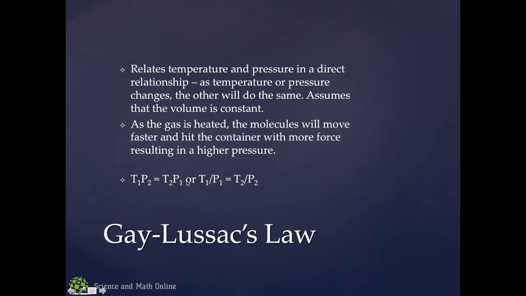So similar idea with the equation. Instead of writing it as fractions, I write it this way. Just makes life simpler. All right, I'm not going to run through an example of this one because it works the exact same way as the other ones. Temperature has to be in Kelvin. Identify your variables, plug them into the equation after you write down which equation you're using, and then solve for what you need.